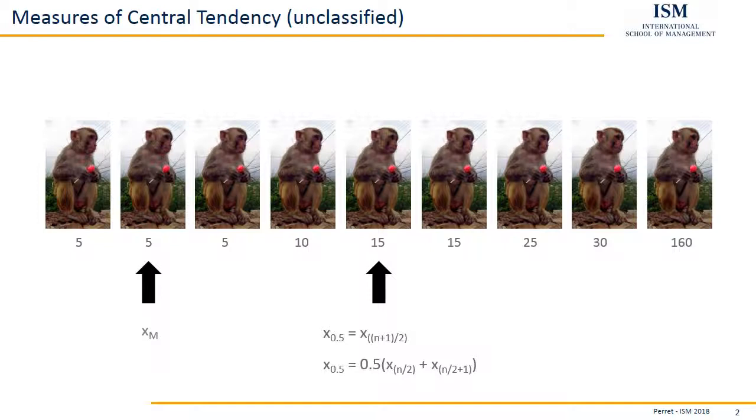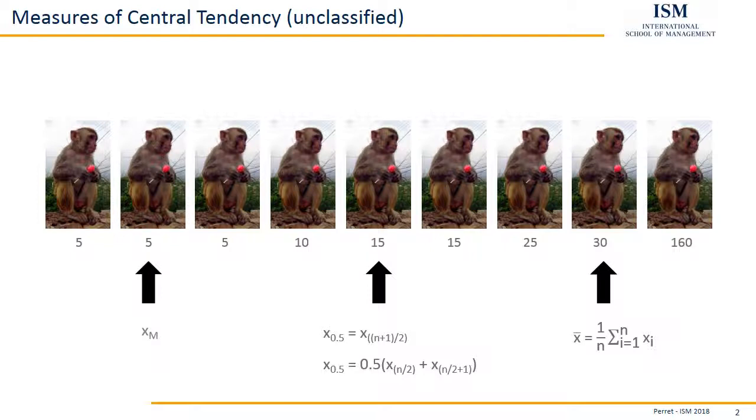So here I would sum up all the values divided by 9. This is actually the formula. The big sigma just means sum up all the values, and then 1 divided by n, the number of observations. So if we do this here, we get as a result 30.